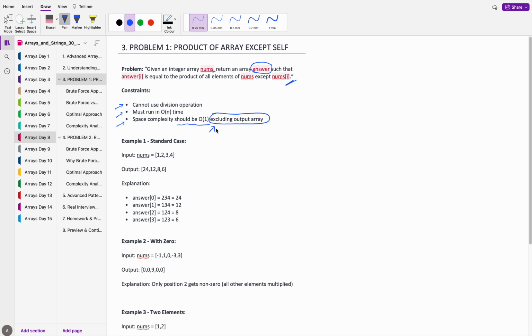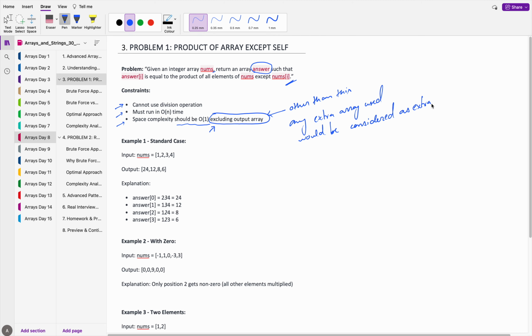Other than this, any extra array used would be considered as extra space in space complexity.